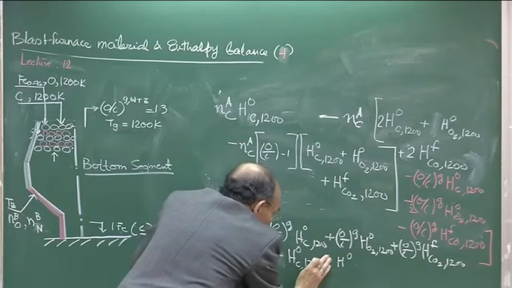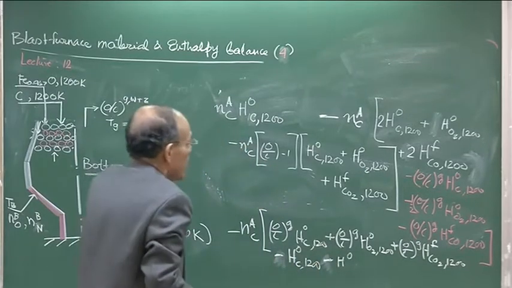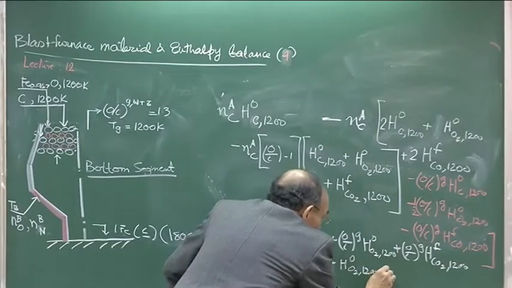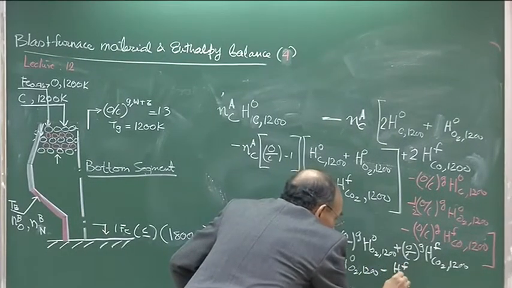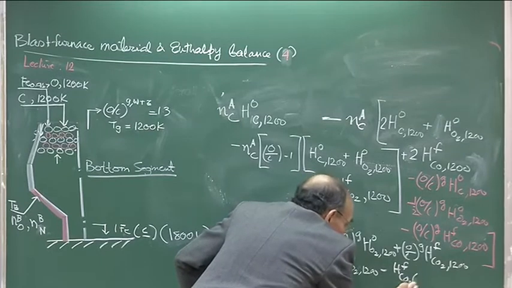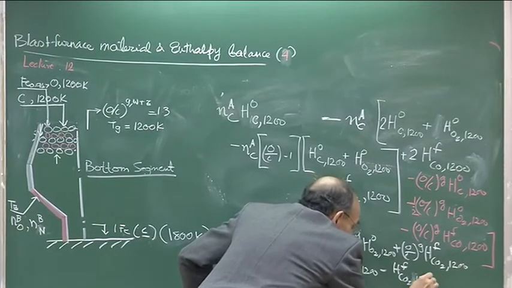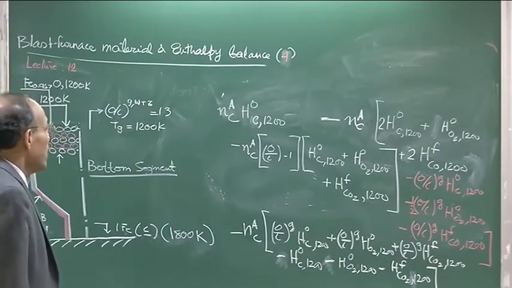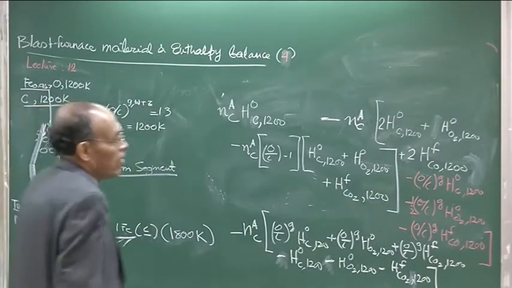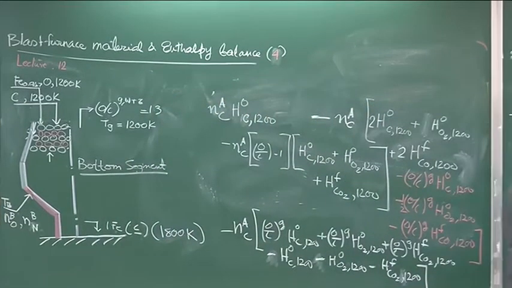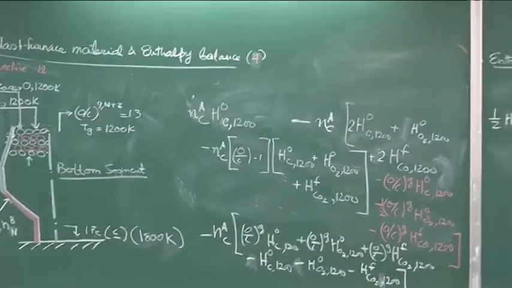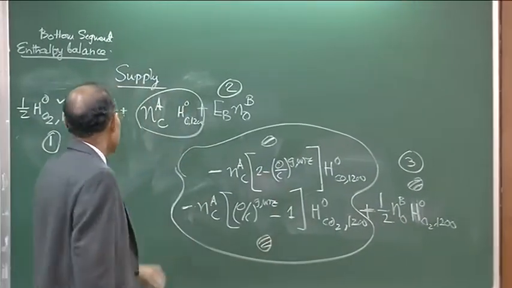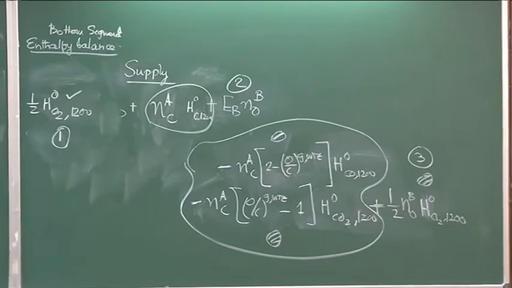So, I need not do the signs. Multiply with 1, so the same term will be there, H naught O2 1200 minus heat of formation of CO2, 1200. So, I have now opened up this bracket, 6 terms have resulted with a negative sign, 6 have resulted with a negative sign, and now I can simplify this.